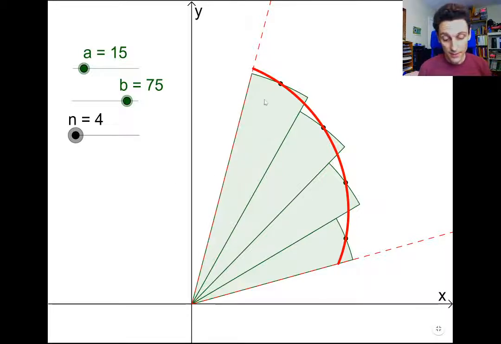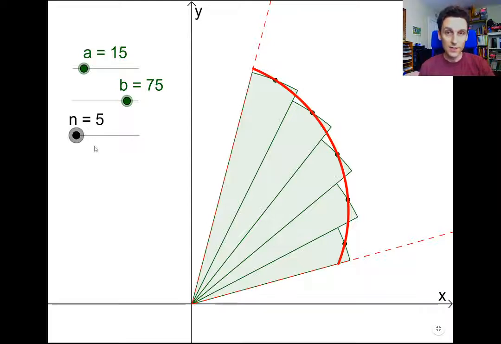Now, this is not going to give us the true area from the polar curve to the origin, because you can see there's a little bit of area that we haven't counted here, and a little bit of area here that we've overcounted. There's a little bit in each of these subintervals that we're not counting, and a little bit that we're counting too much. But it gives us at least an approximation that can get better the more subintervals we use.